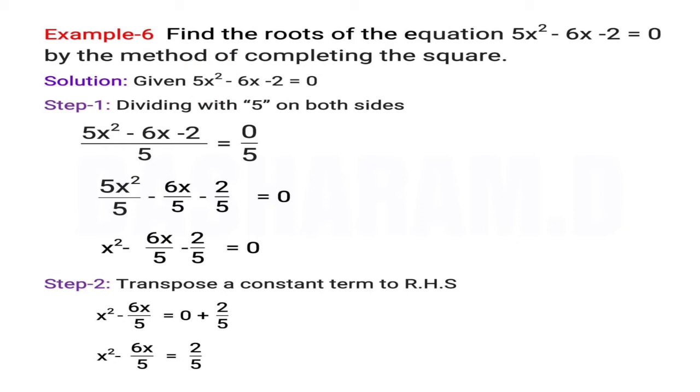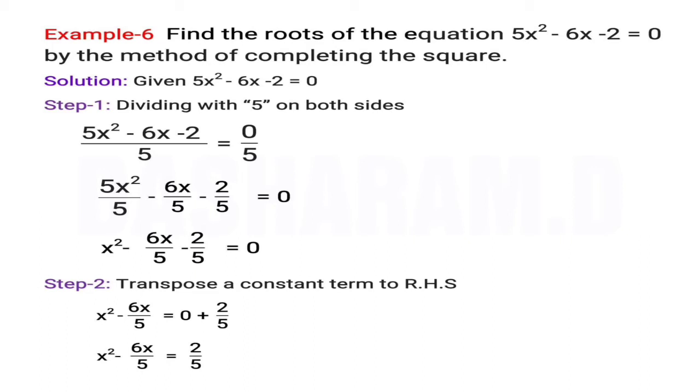So that is why we divide by 5 on both sides. This is step 1. Whatever coefficient is given in the question, divide both sides of the quadratic equation by that number. So (5x square minus 6x minus 2) divided by 5 equals 0 divided by 5, dividing by 5 on both sides, LHS and RHS.